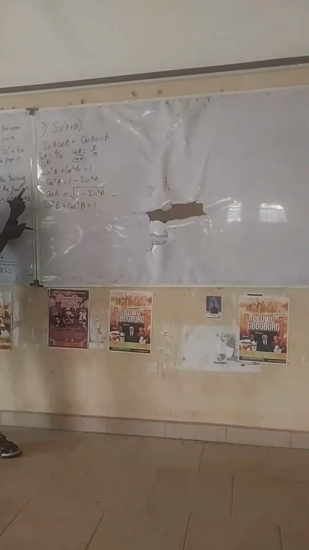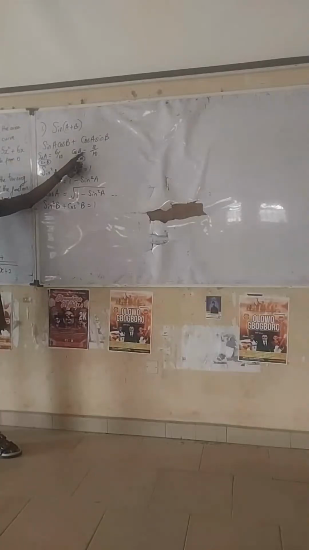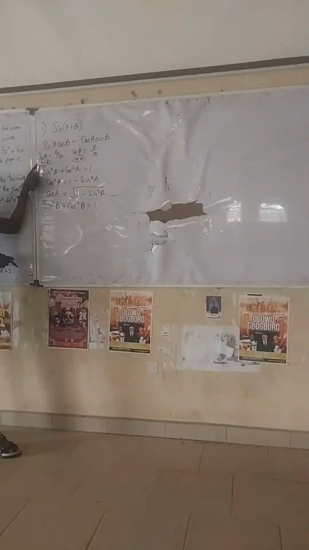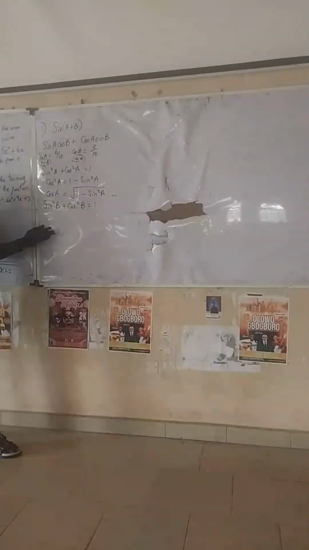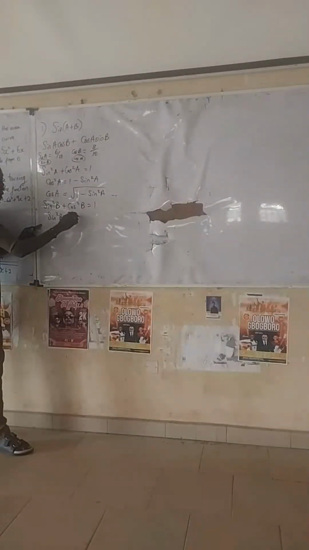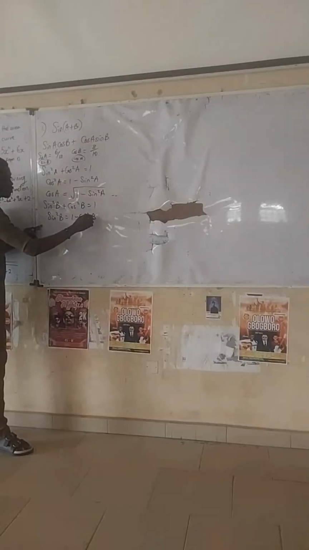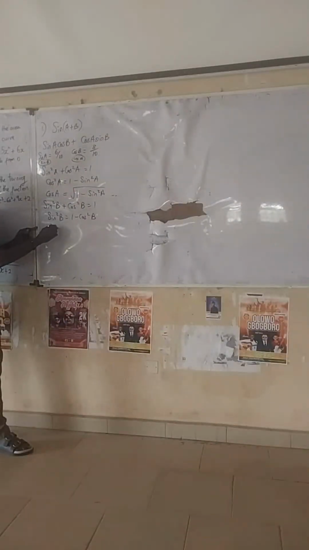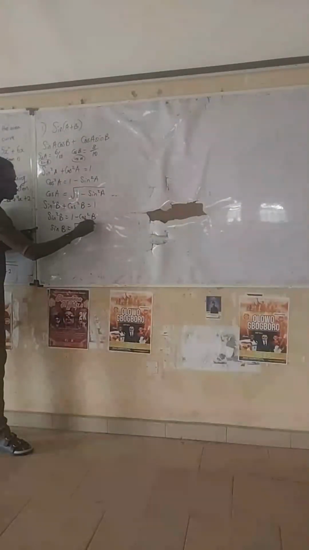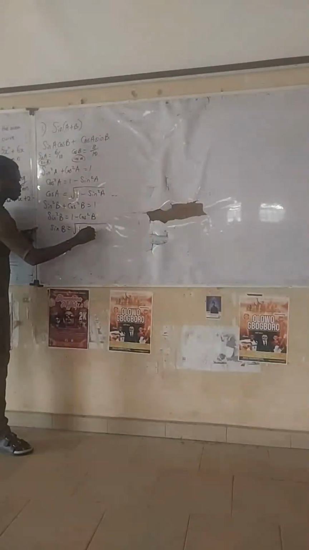But now, we don't need cos B because we have it already. What we need is sine B, so sine B will be the subject. Sine square B equals 1 minus cos square B. So just like this, we are going to have sine B equals the square root of 1 minus cos square B.